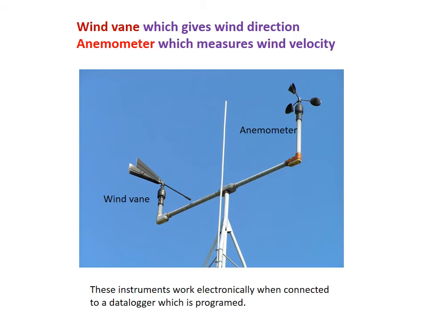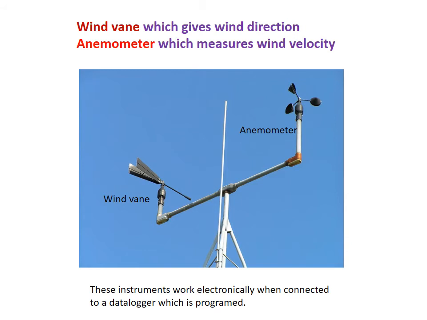This is calibrated in degrees, from 0 to 360 degrees, and conveyed to a data logger. So we know instantly the degree, from which we can read in which direction the wind is blowing. And second is the anemometer, which measures the wind velocity.